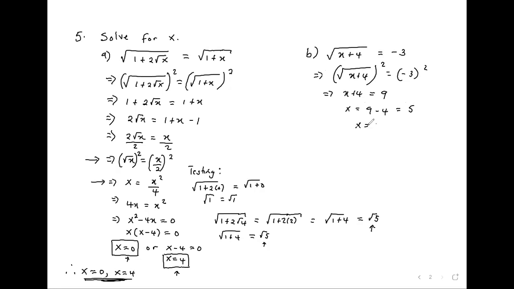So x is equal to 5. So far, this is our solution, is it? Then you go and test. You have √(5 plus 4) is equal to √9, which is equal to 3. But this number is not equal to -3. So the solution is empty.